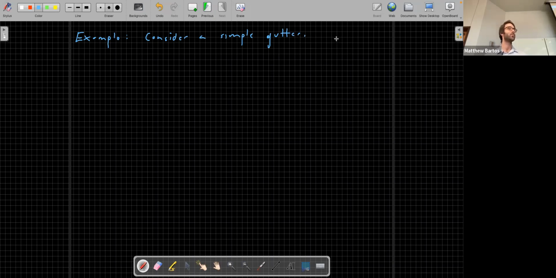We're going to have the following parameters. The cross slope or lateral slope SX will be equal to 0.02. The longitudinal slope S naught is going to equal 0.025. Our Manning's roughness is going to be equal to 0.013. And the discharge, let's just say it's for a 25-year storm event, is going to be equal to 1 cubic foot per second.